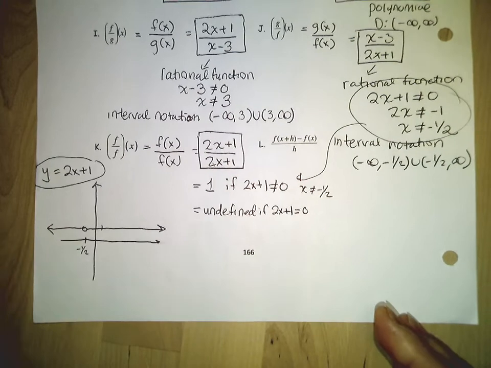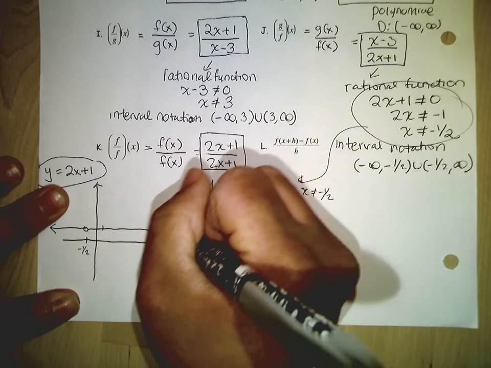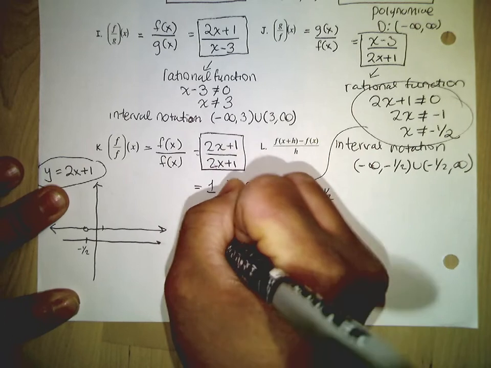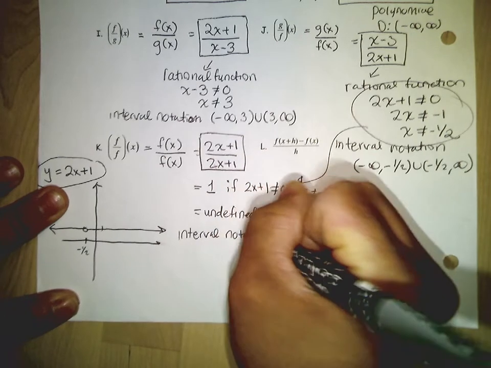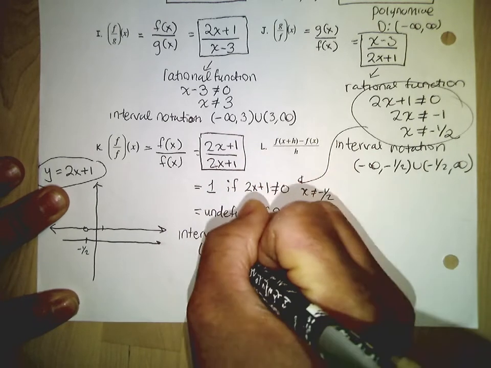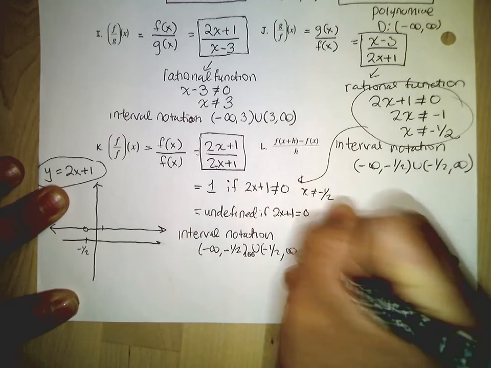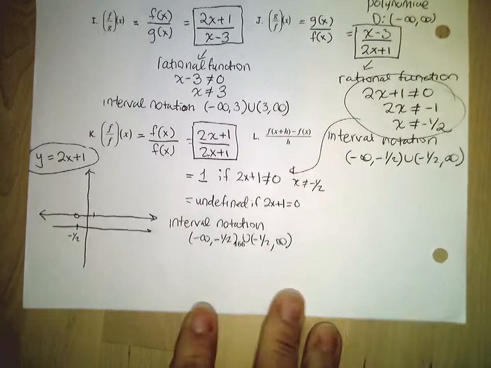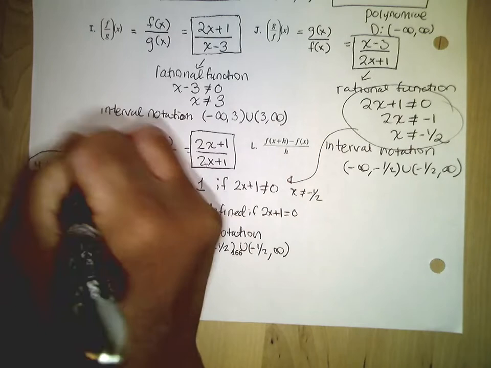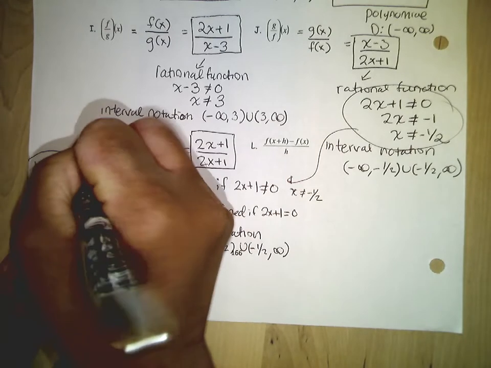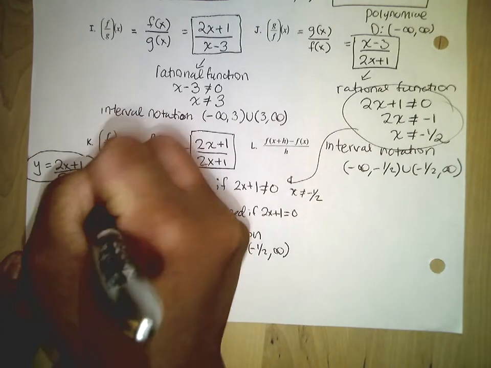That's all that this means here. So the domain in interval notation is negative infinity to negative a half, or negative a half to infinity. All right. So this actually is the graph of this.